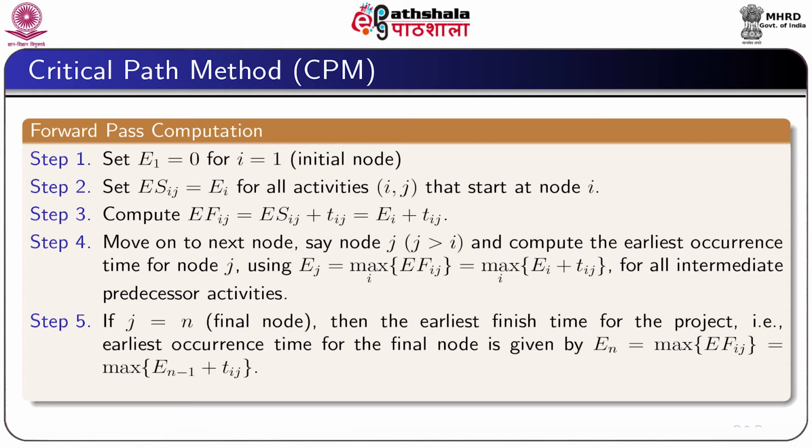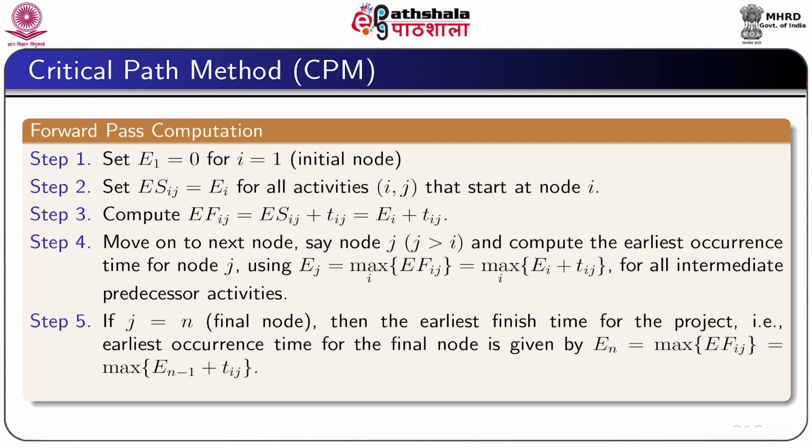Then move to the next node, say j, where j is greater than i, and compute the earliest occurrence for the node j, that is Ej is equal to maximum over i of EFij, which is actually maximum over i of Ei plus Tij for all immediate predecessor activities.